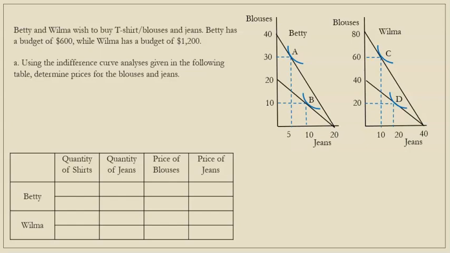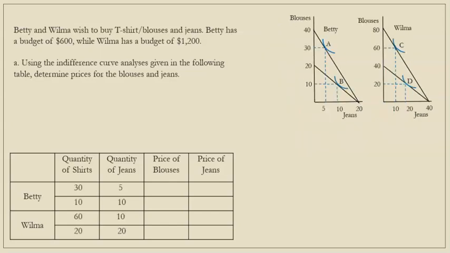So at this point, you will be taking the quantities of blouses and jeans for Betty and for Wilma and putting those into the first two columns of that chart. And why don't you hit pause on the video and fill those in? And when you come back, we'll have the answers.